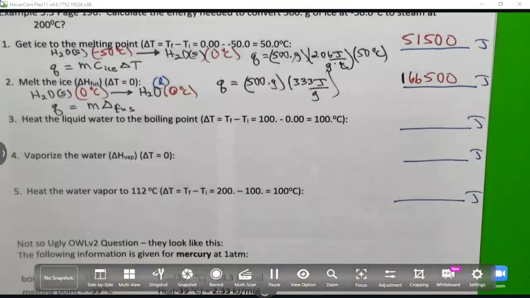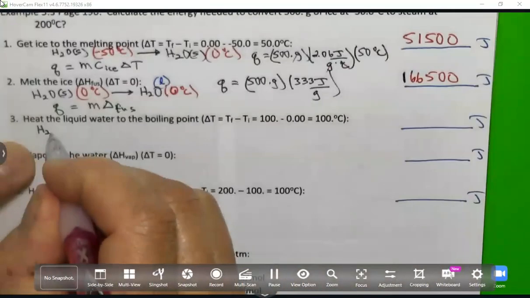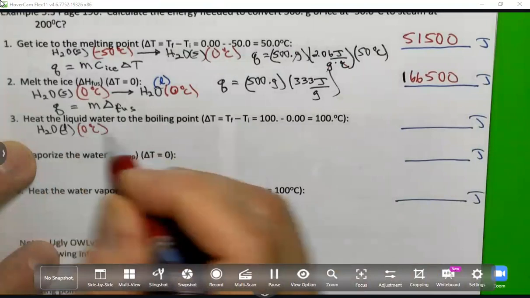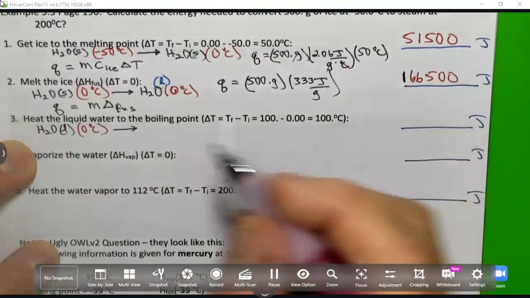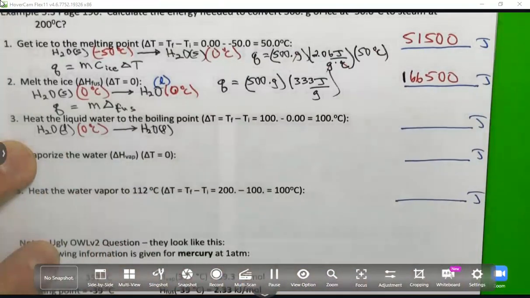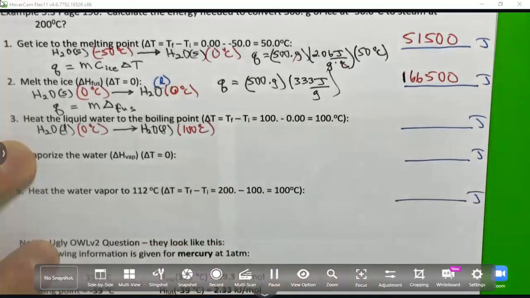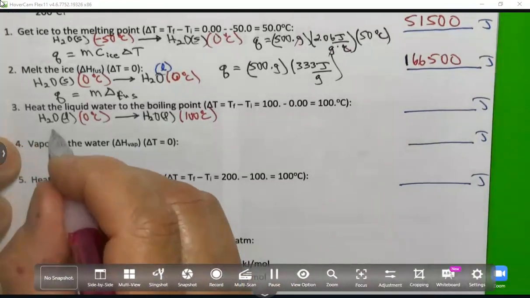So now I have liquid water at 0, correct? I now have to take my liquid water at 0 degrees Celsius, and I need to get it to liquid water at 100 degrees Celsius. And this is what we calculated before.